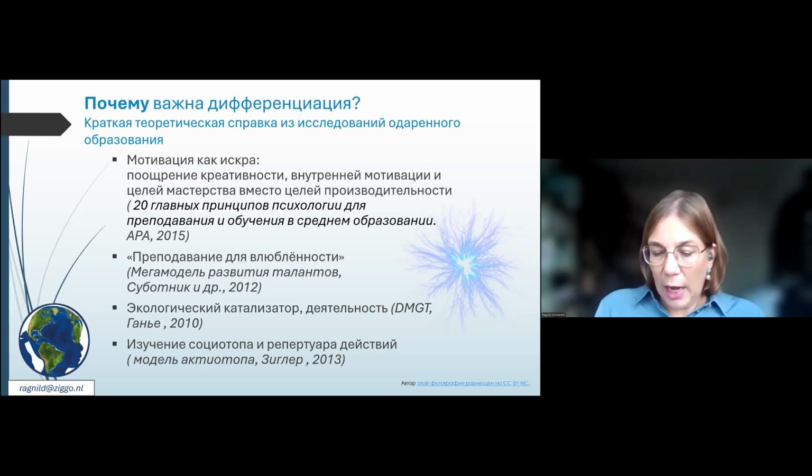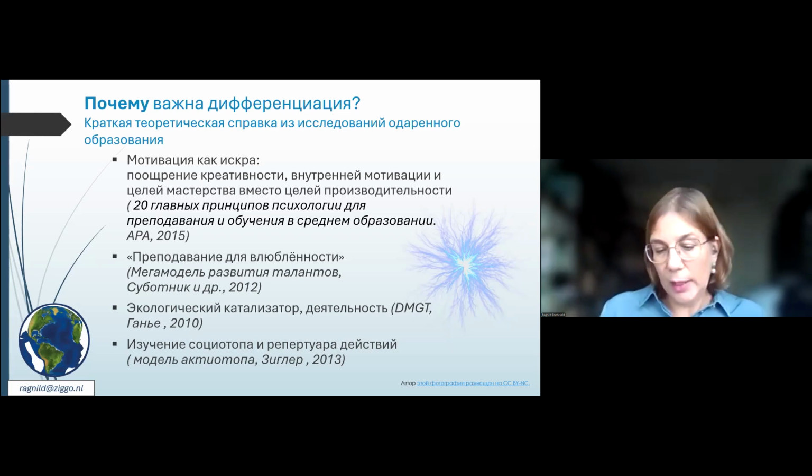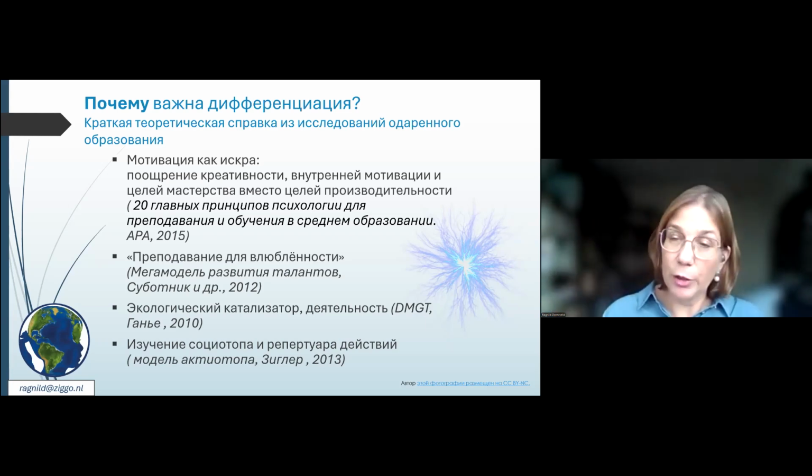And the last model I would like to refer to in this short overview is the Actiotope model of Albert Ziegler from Germany. And he is very much from an environmental point of view, and he points out the importance of the learning environment to make gifted behavior possible.